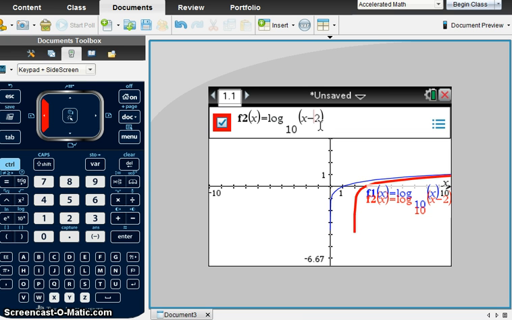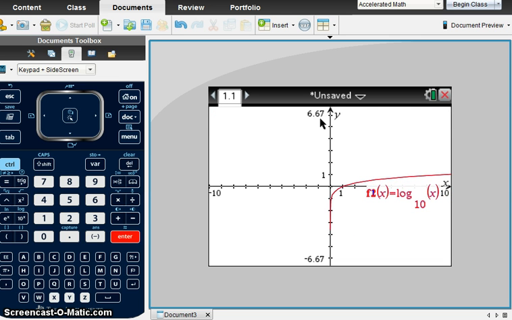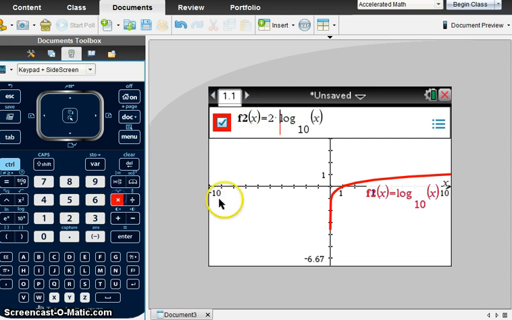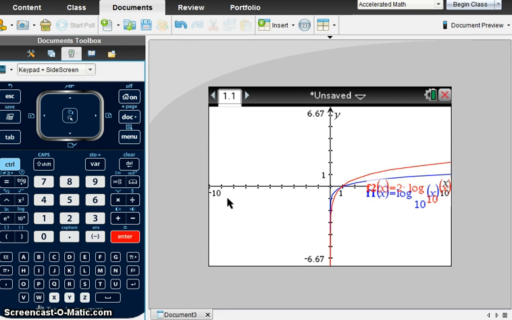All right, well, what if we want to do a vertical stretch or compression? Well, let's go back to our parent function. What we're going to do here is multiply log base 10 of x by 2. And you can see that when we multiply, that wound up doing a vertical stretch by a factor of 2.